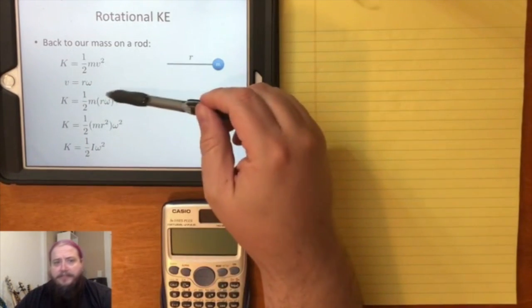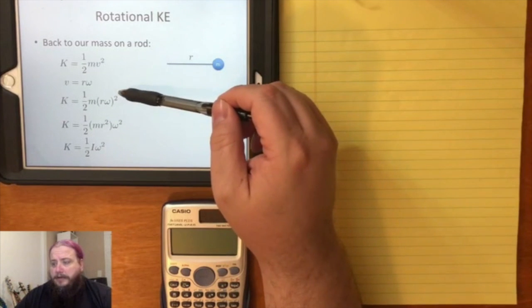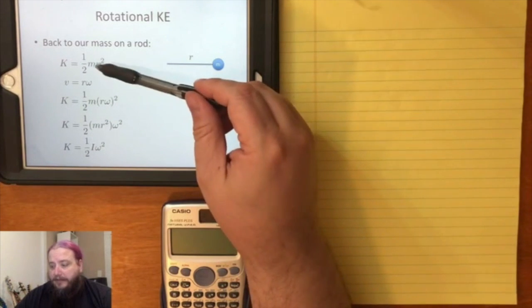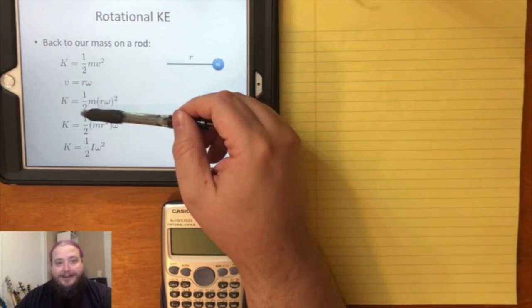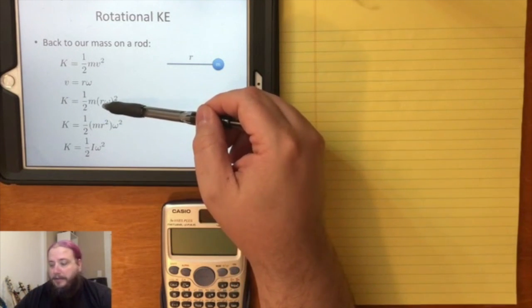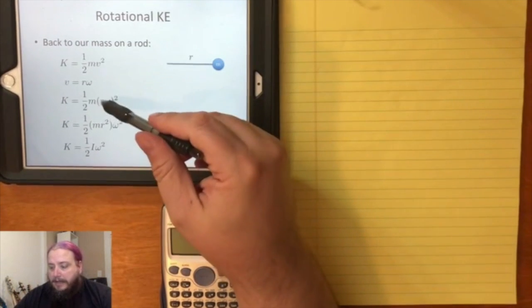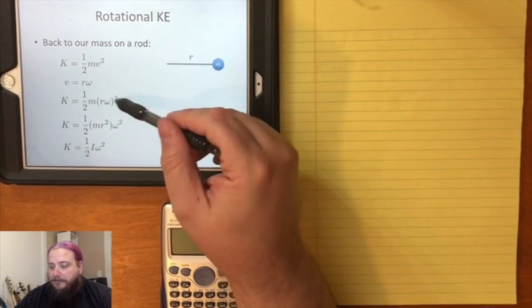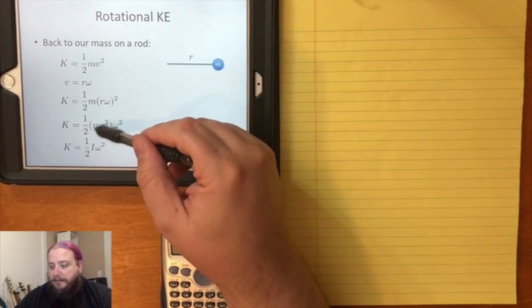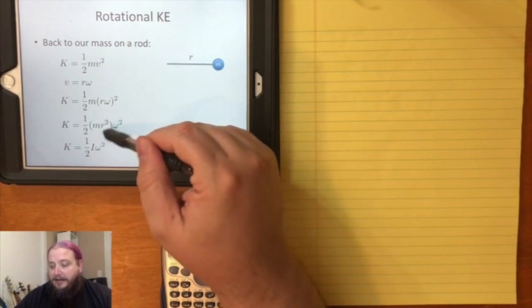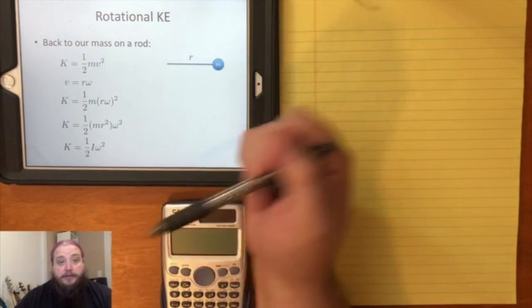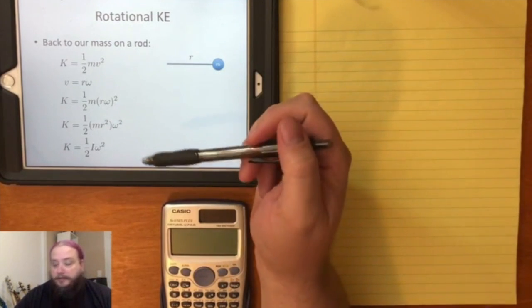So we can replace the velocity with r omega, so that our kinetic energy is 1/2 m r squared omega squared. And we can take the r squared part of this and combine it with the m, and notice that this here, mr squared, is the rotational inertia, or the moment of inertia.